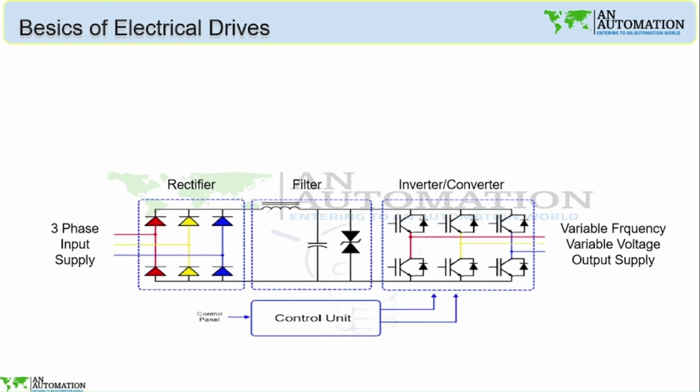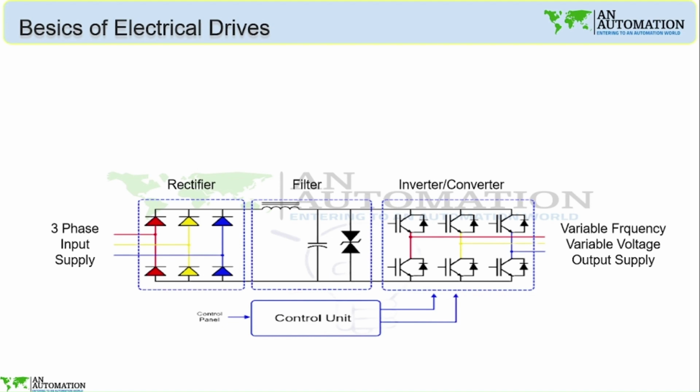In the filter circuit there are capacitors and inductors. The filter circuit is used for filtering the pulsating DC into a DC output that is nearly a straight line.